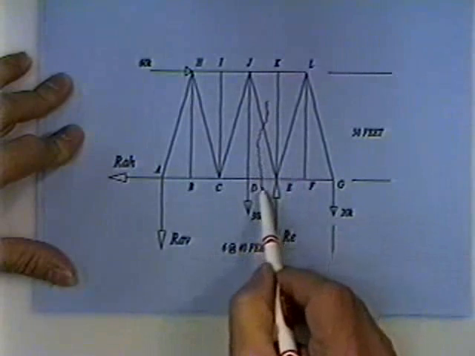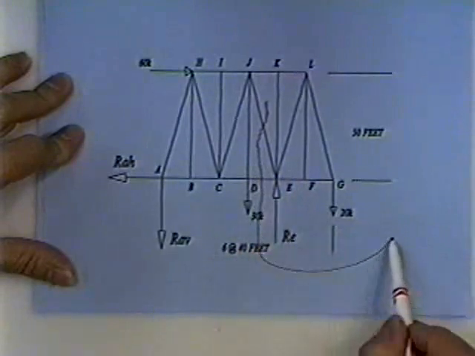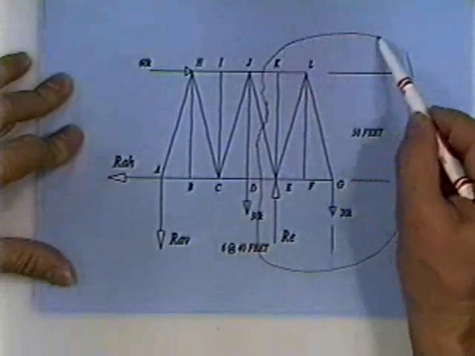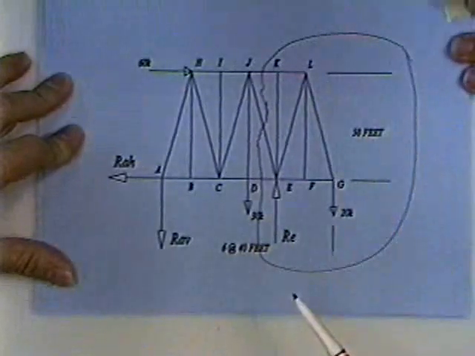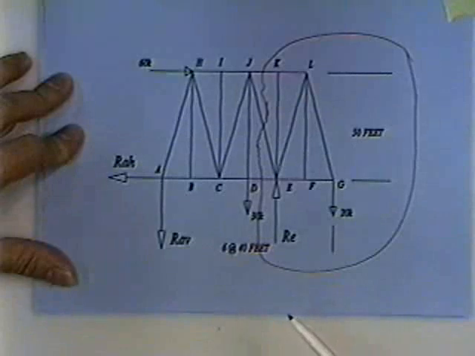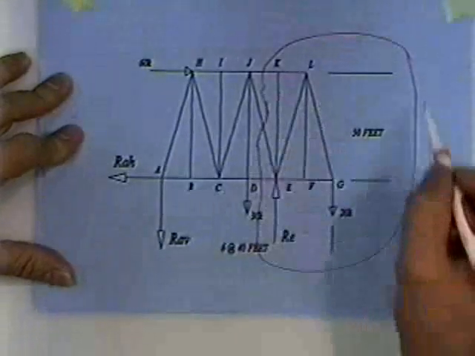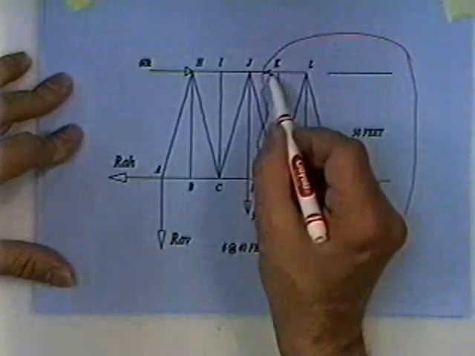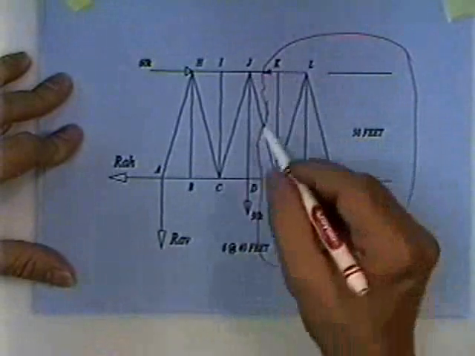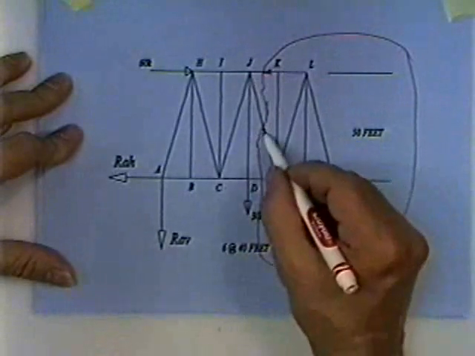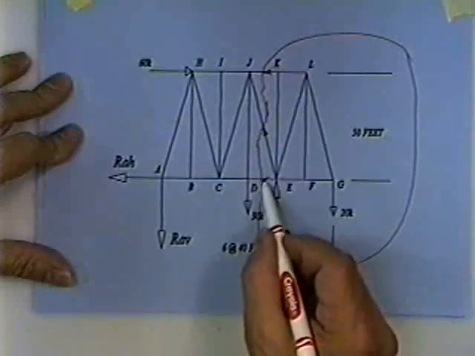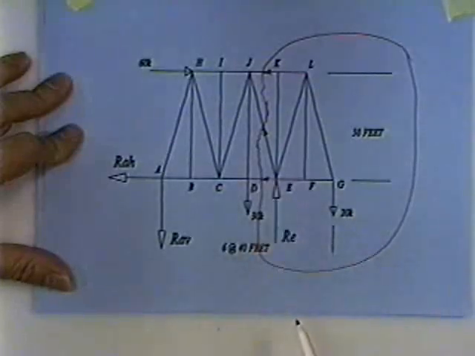So come on down and cut out a section of the structure. There's what we call the method of sections. The method of sections cuts an entire piece off of the structure. We show a tension force in KJ, tension force in member EJ, a tension force in member ED.